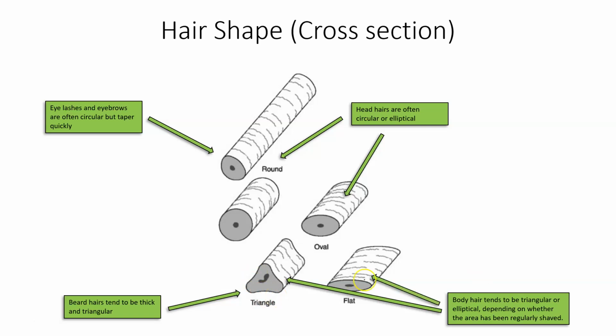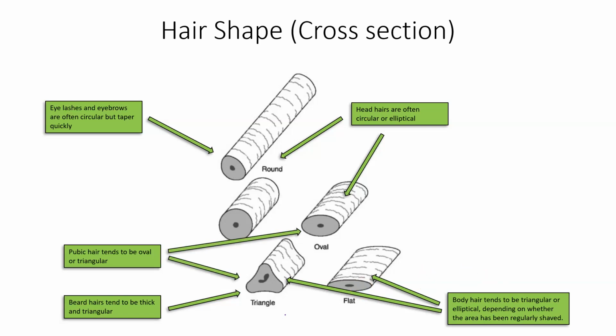But body hairs are typically a little more curly than your head hairs, and so again they are more elliptical or flattened. And then pubic hair tends to be oval or triangular as well. So when you look at a variety of hair locations, you will see on the same individual a variety of hair shapes within their cross sections.